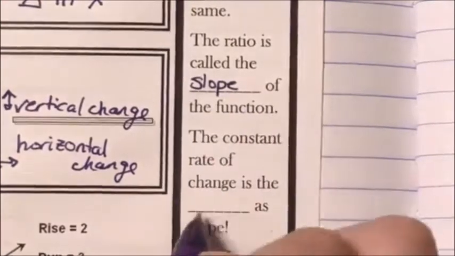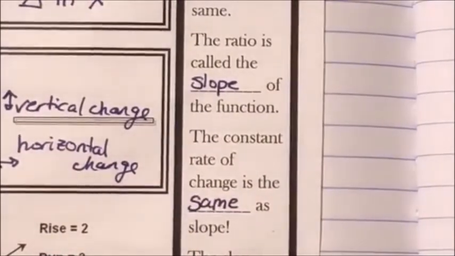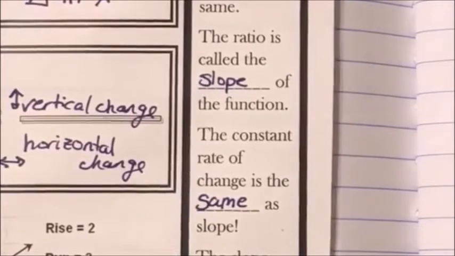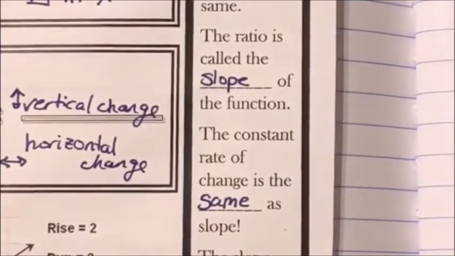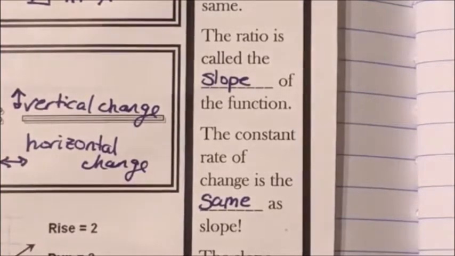So the constant rate of change is the same as slope. So slope and constant rate of change, what we learned about in the last lesson, is the exact same thing. It's just called something different, okay? Usually we use slope when we're looking at graphs, and we use constant rate of change when we're looking at word problems and equations, okay?